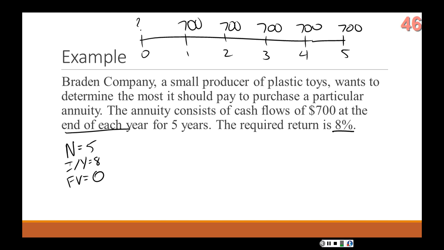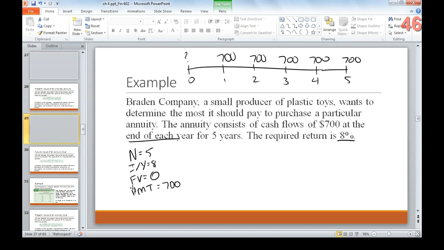At the end of the period, when this project is done, there's not going to be any cash flows left over that will be returned to the company. And the payment is going to return to the company $700 every period. And they want to know how much they should pay for this investment, or what is the most that they're willing to pay.